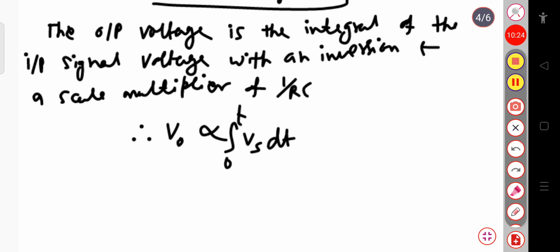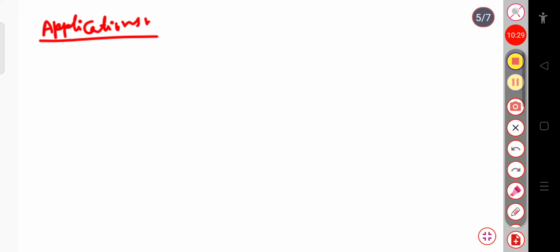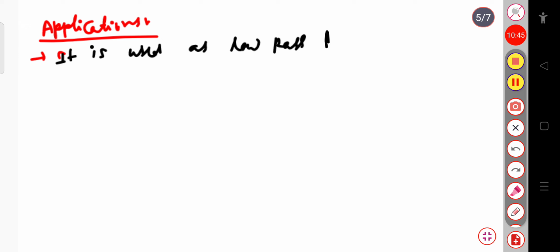Now we will see what are the applications of the integrator op amp. First of all, it is used as a low pass filter, and the differentiator is used as a high pass filter. The next is that it is used in analog computers.